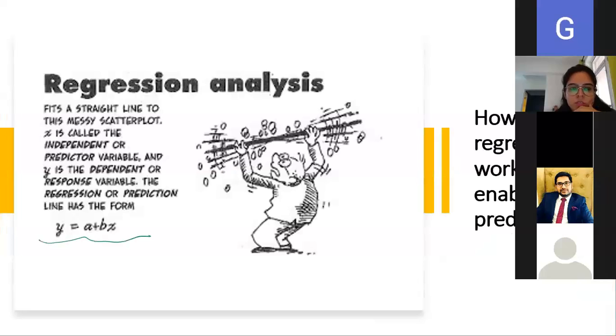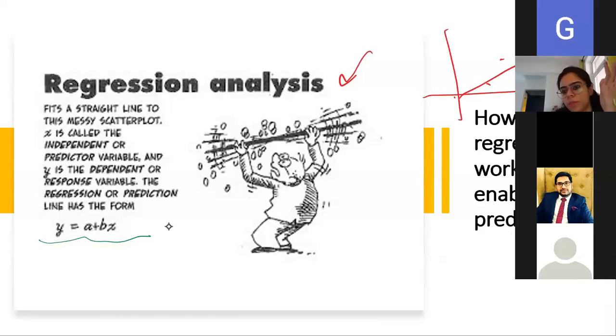Just see this cartoon. What is he trying to do here? He's trying to fit a line on this scatter plot. So you have this scatter plot, and you are trying to fit a line. You are trying to see the linear relationship in data. That is regression.